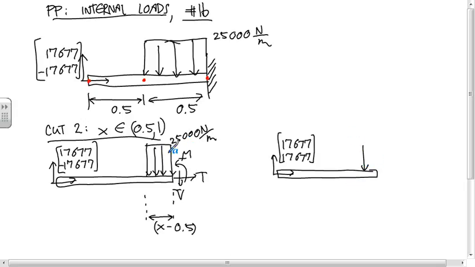The total force is the area of this rectangular shape, so 25,000 times (x minus 0.5), or 25,000 x minus 12,500. That's the magnitude of that force. And then we have the internal loads.